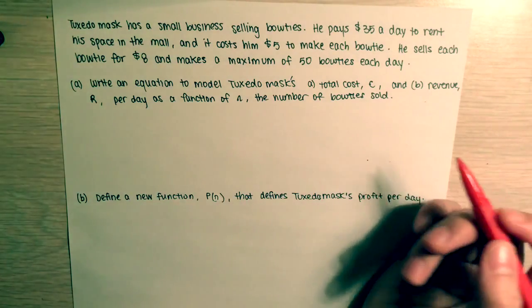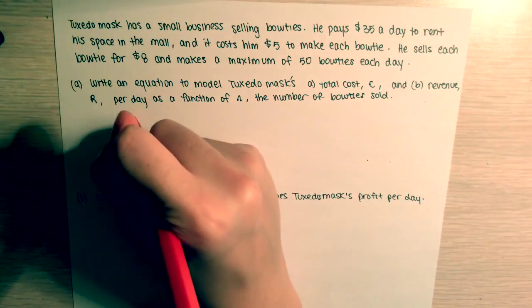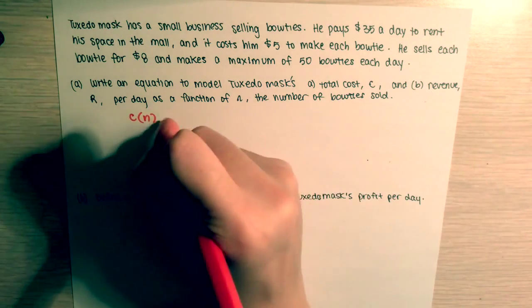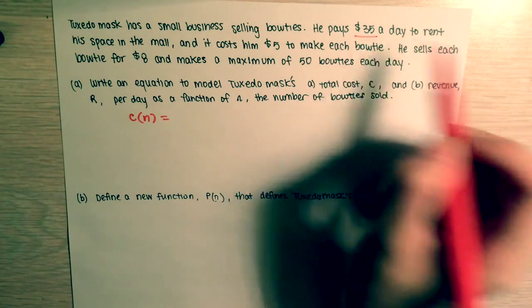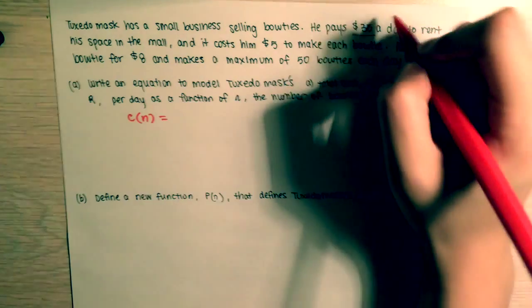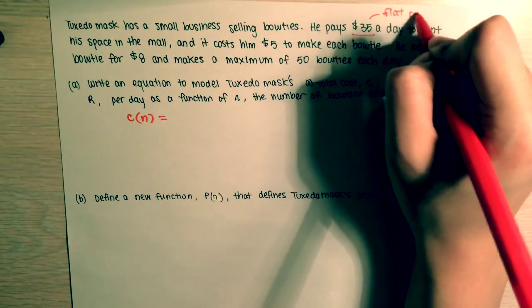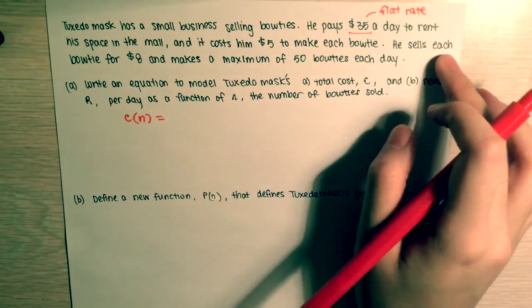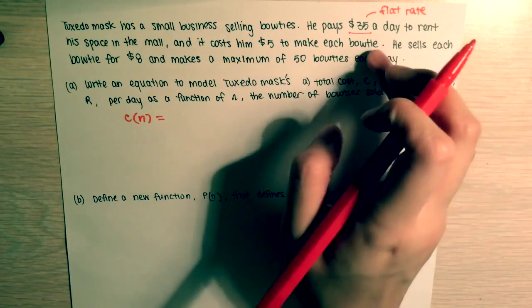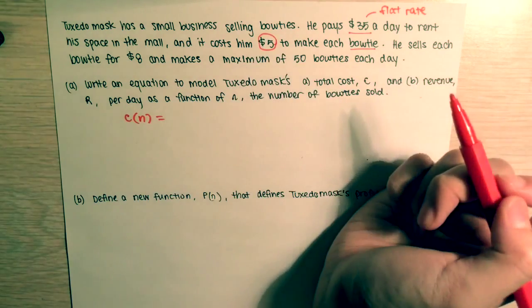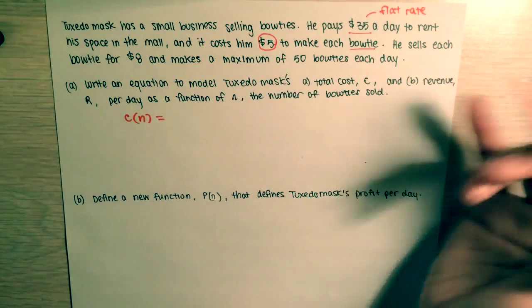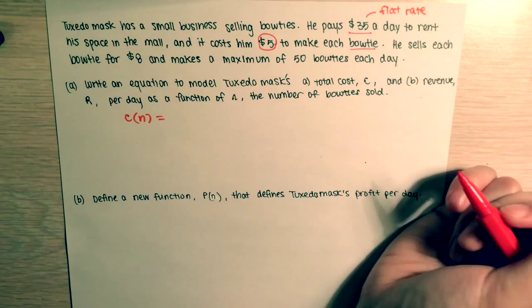So if we look back into the question, let's do C first, and we're going to call this C(N). He has to pay $35 a day, so that's a flat rate. And he has to make bow ties, and each bow tie costs him $5. So these two values contribute to the cost function.